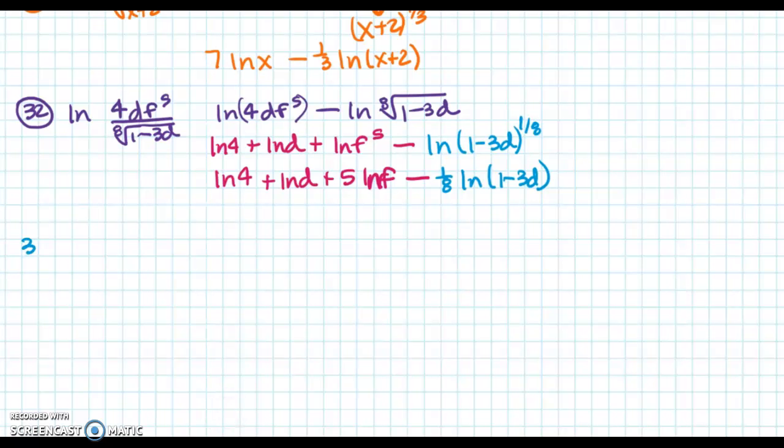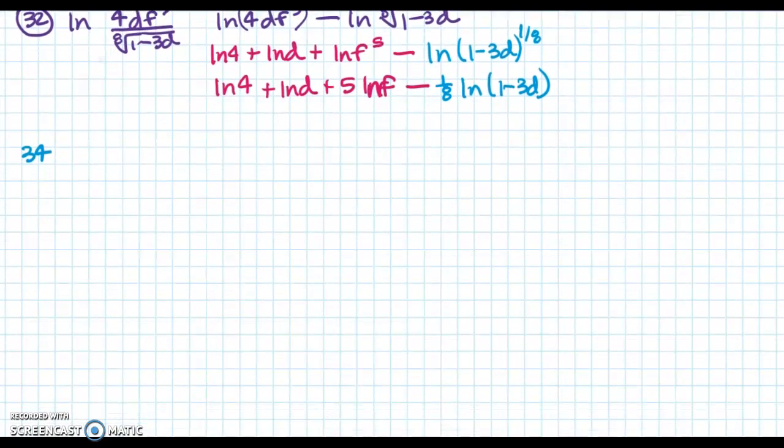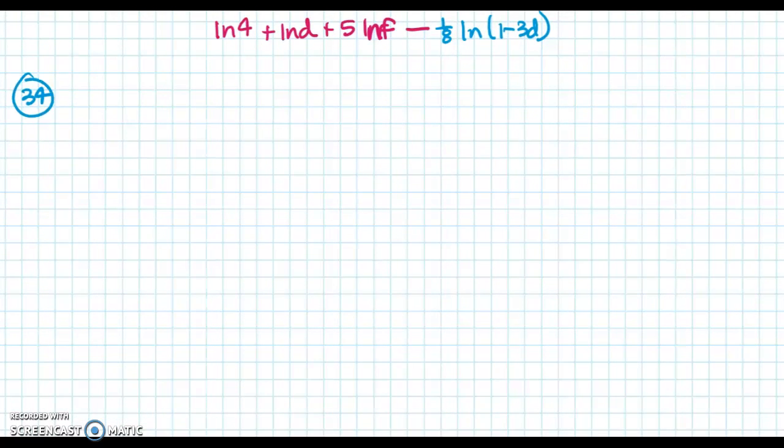Number 34, we have a giant log, no fraction, so the log base 7 of h squared, j to the 11th, and k to the negative 5th.